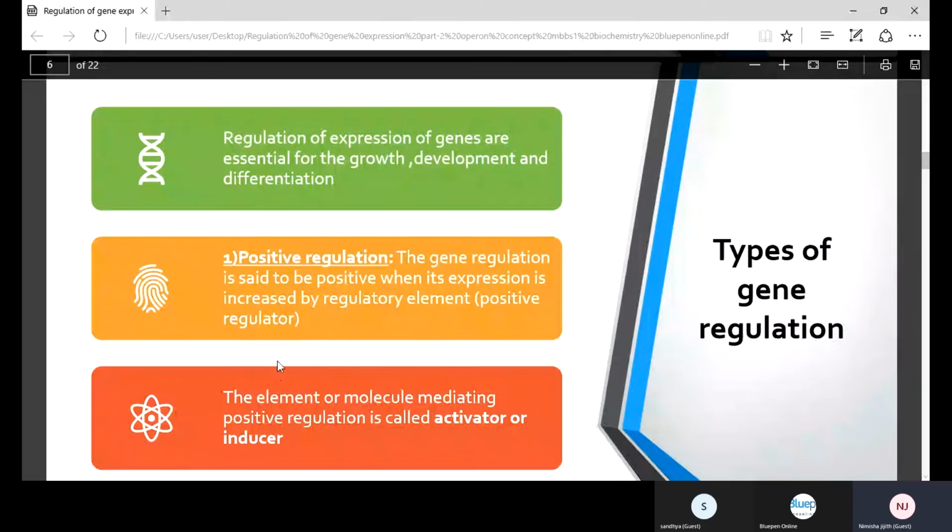Next, we are entering into types of gene regulation. Regulation of gene expression is essential for growth, development, and differentiation.